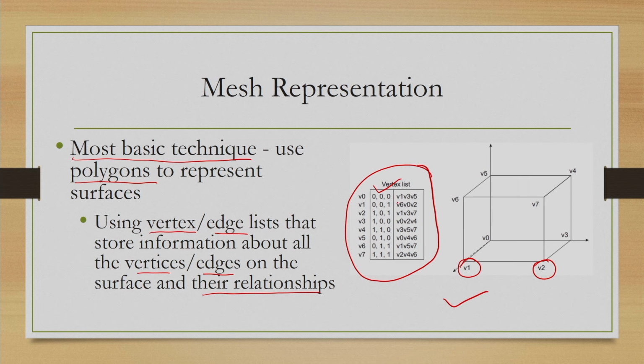For example, here in this first row what it tells is that V0 is connected to V1, V3 and V5. Similarly, each vertex stores the other vertices which it has connection to. This is one representation, there can be other ways to represent it.